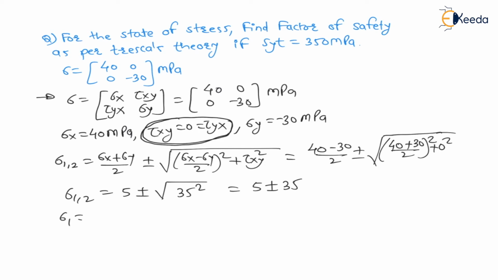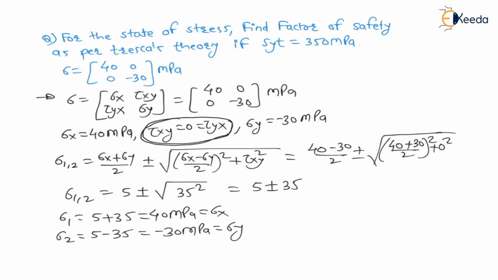Therefore sigma 1 is equal to 5 plus 35, which is nothing but 40 MPa, which is equal to sigma x, and sigma 2 is equal to 5 minus 35, which is equal to minus 30 MPa, which is equal to sigma y.